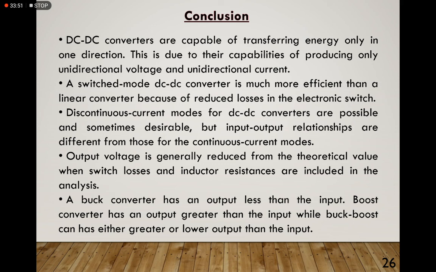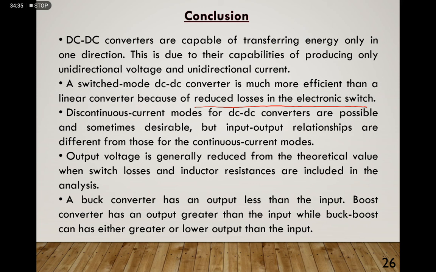Switch mode converters have the freewheeling diode and the capacitor in order to handle the current and also the ripple. A switch mode DC to DC converter is much more efficient compared to a linear regulator because of reduced losses in the electronic switches, because we have the diode, so it does not burden the switch so much. When the switch is off, the diode will take over.